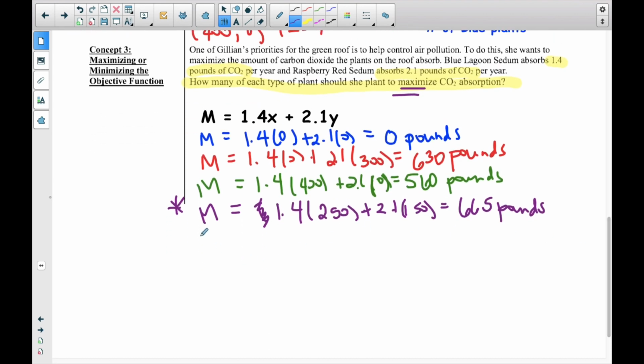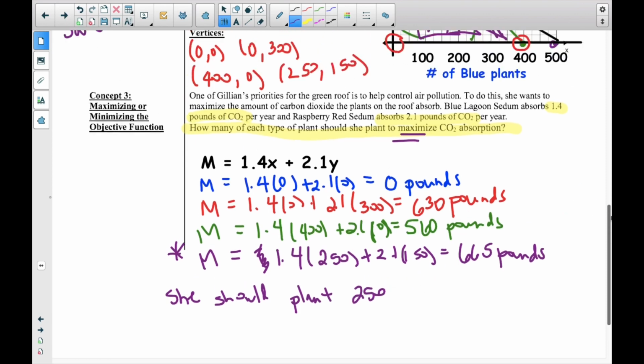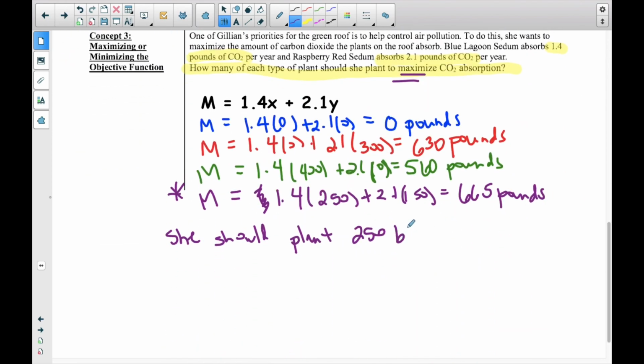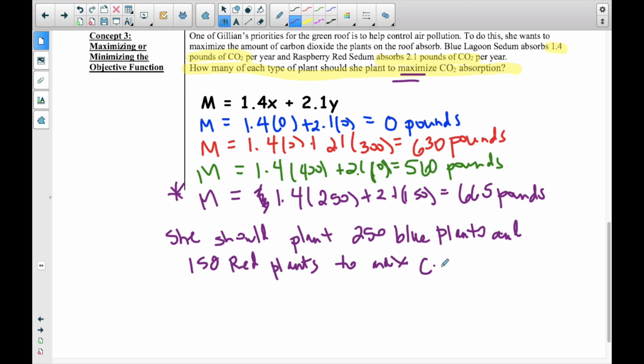So I'm going to say she should plant 250 of the X's. What were our X's? Our X's were the blue. 250 blue plants and 150 red plants to maximize the CO2 absorption at 665 pounds per year.